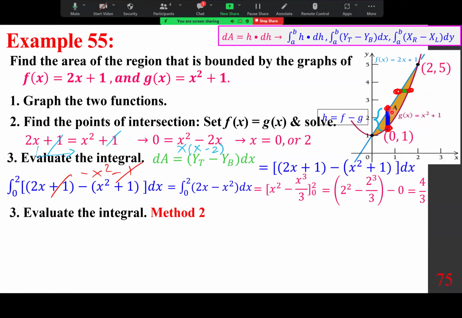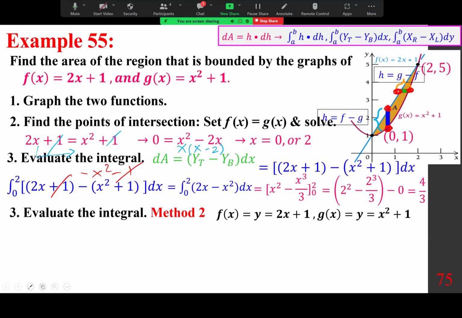So this is y, you want to solve for x, and this one you want to solve for x. So g minus f now. Y is 2x plus 1. Y is x squared plus 1. We are going to solve for x.